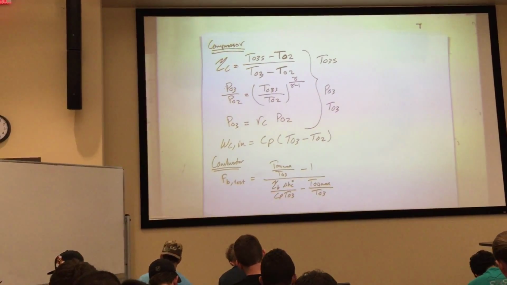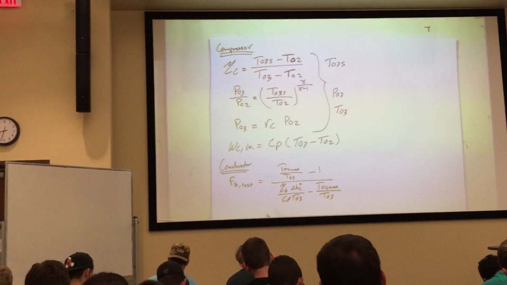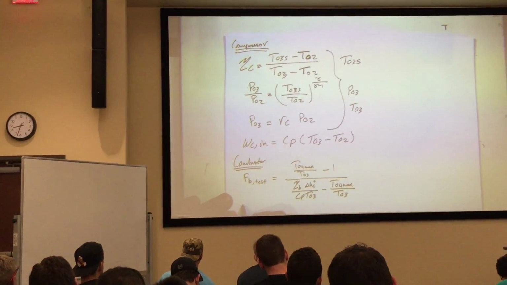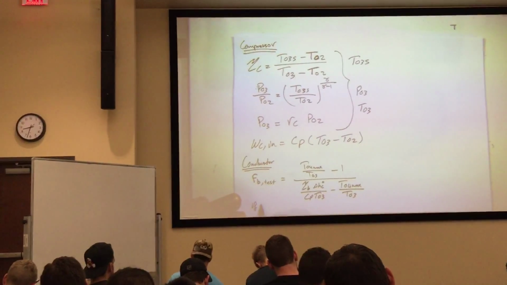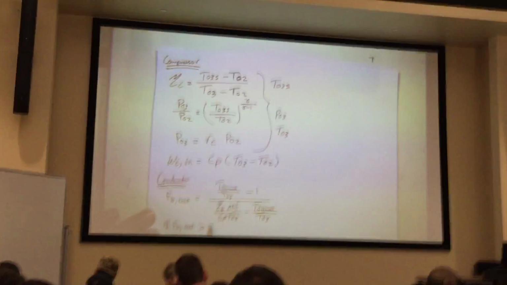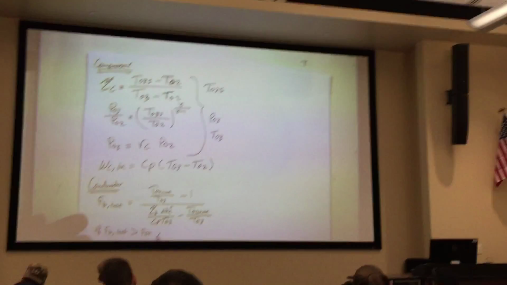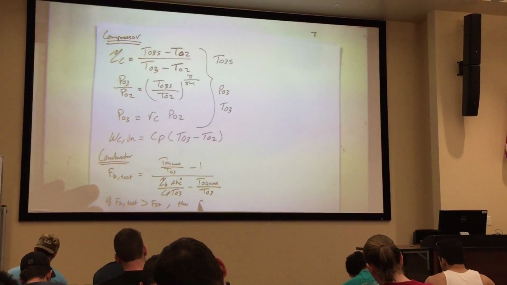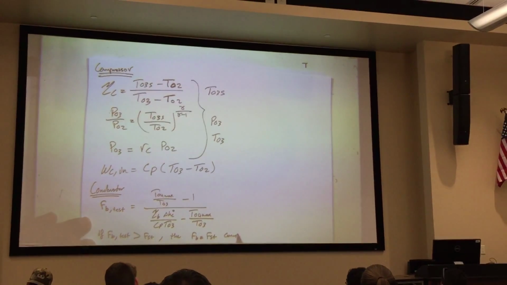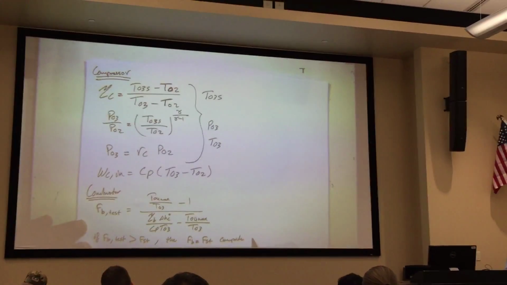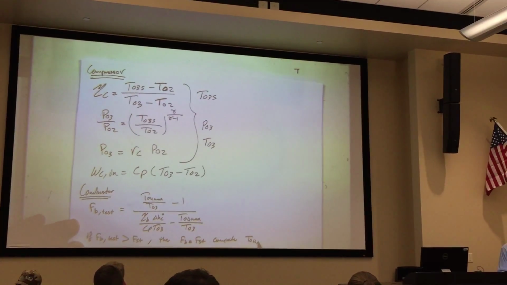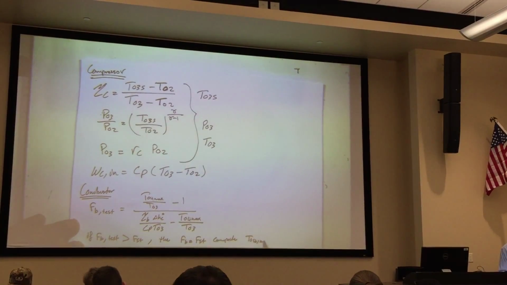Now, once I get that value, if FB test is greater than F stoic, then FB is equal to F stoic. Compute the new T4 max.